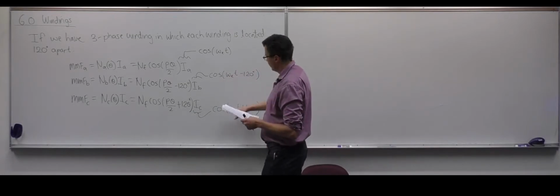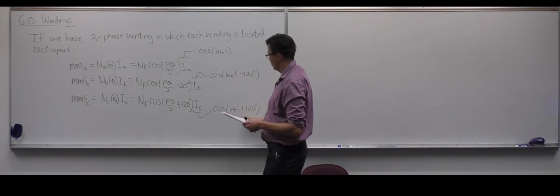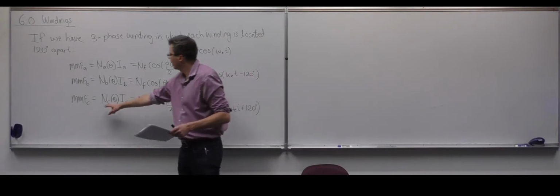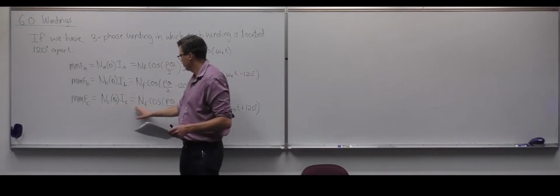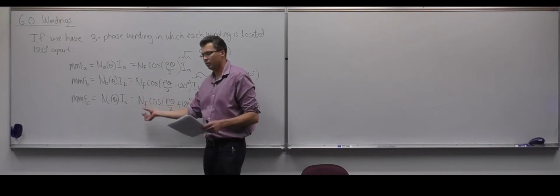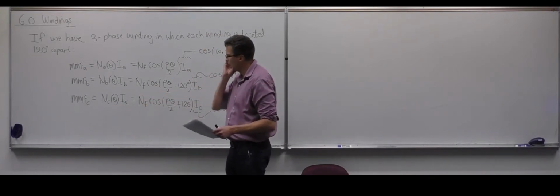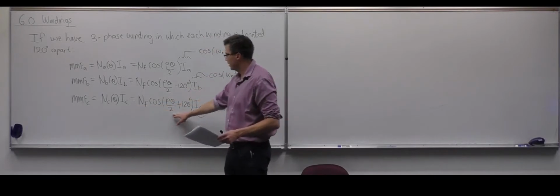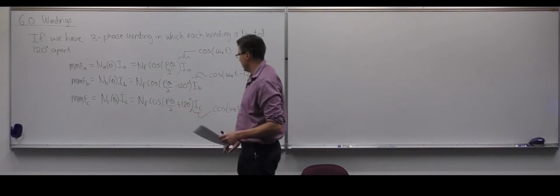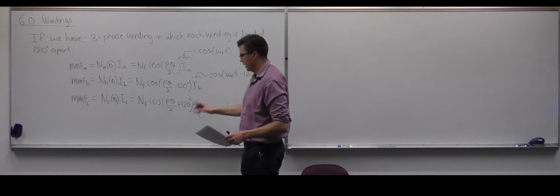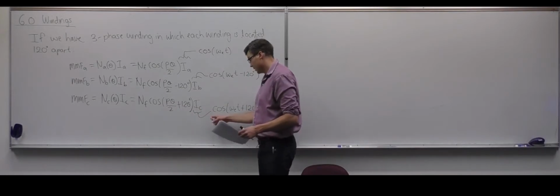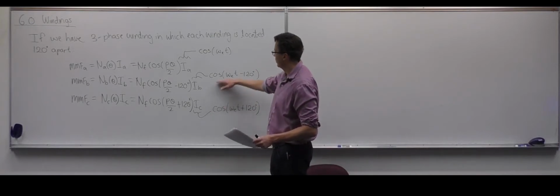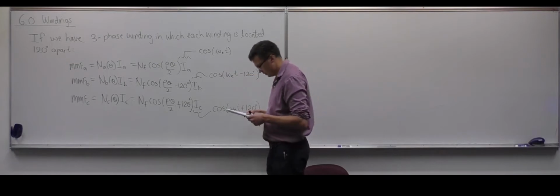So the first term here is the winding function that shows you the distribution of the wires in the machine. Ideally that would be cosine, and then we apply a current that is sinusoidal into the winding, and we do that for the 3 phases.